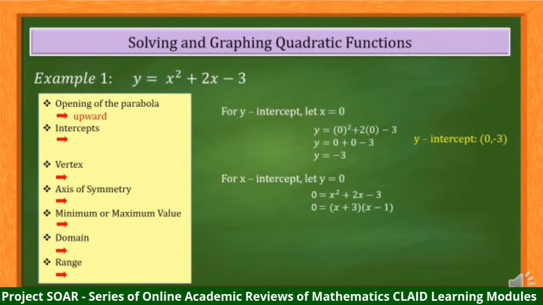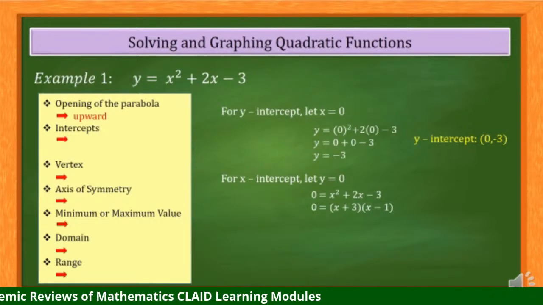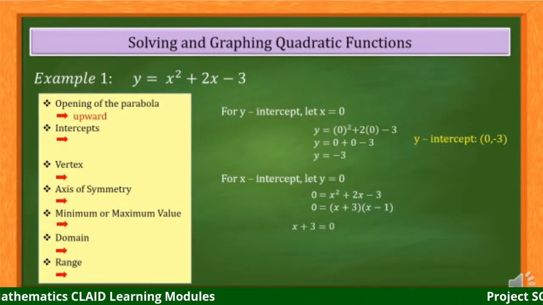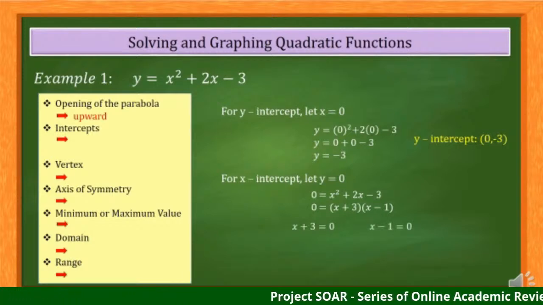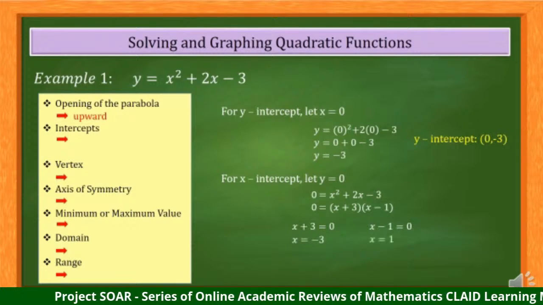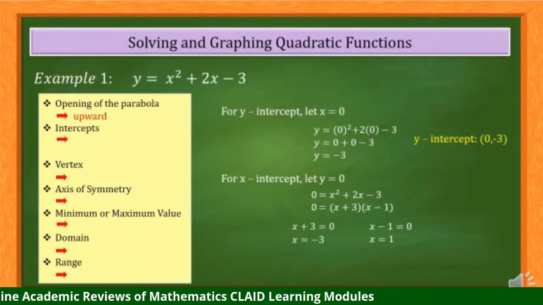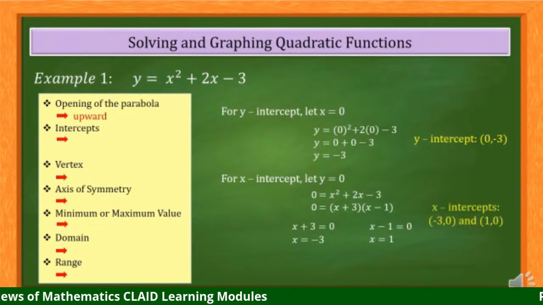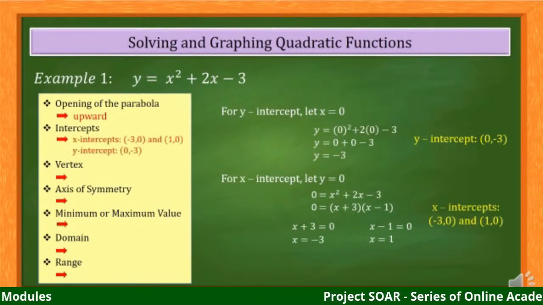The next is, i-equate natin both factors to 0. We have x plus 3 equals 0 and x minus 1 equals 0. So for the values of x, we have x equals negative 3 and x equals 1. So the x-intercepts are (negative 3, 0) and (1, 0).